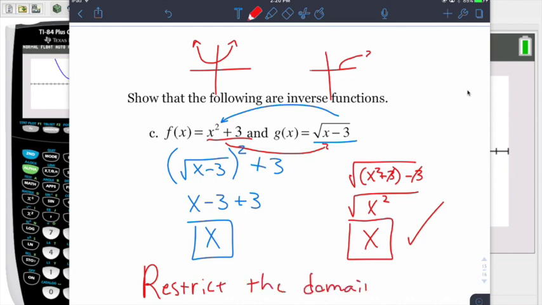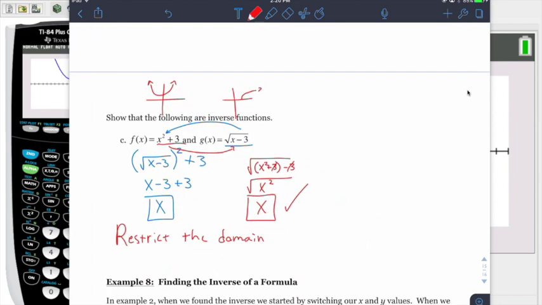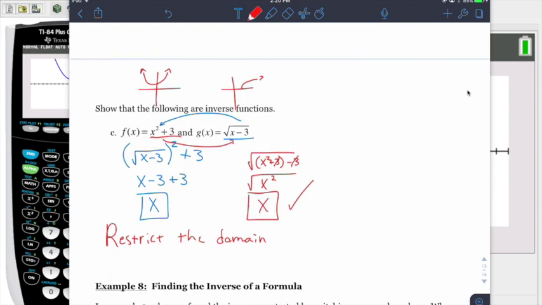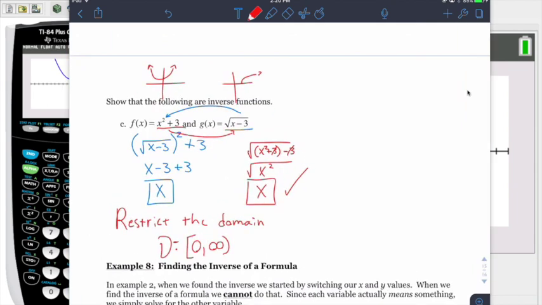But I don't think you're going to see that on a quiz or a test, so I wouldn't stress too much on that. I guess you would have to say your domain value needs to be from 0. If you wanted to get real fancy here, you'd say domain is from 0 to infinity, I guess. But honestly, if you know this right here, you're going to be good for regular Algebra 2.